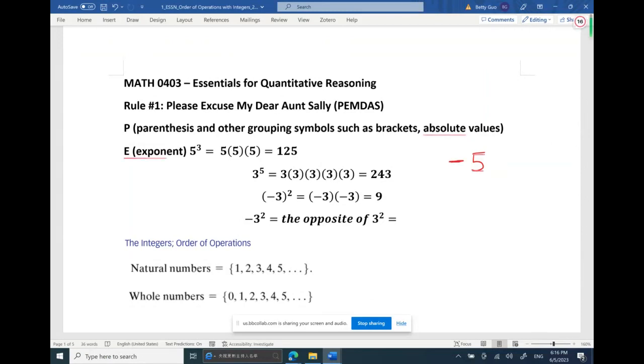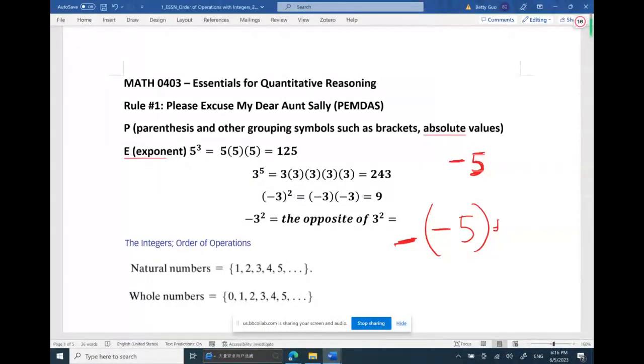Whenever you place a negative sign in front of something, even an expression, you get the opposite. The opposite of 5 is negative 5. And what's the opposite of negative 5? Positive 5. Awesome, exactly.